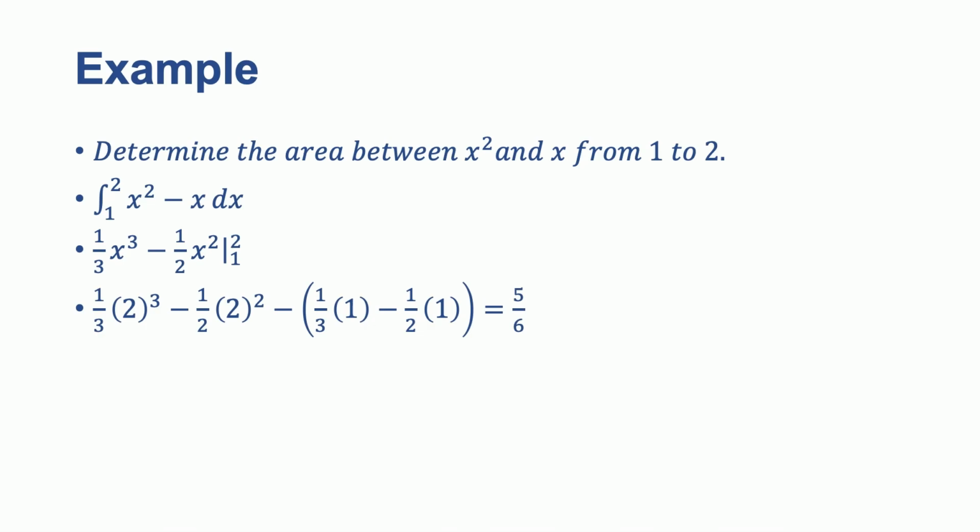That gives us 1/3 times 2 cubed minus 1/2 times 2 squared, and then minus 1/3 times 1 minus 1/2 times 1. We don't even need to put the cubes and squares there because we know where one goes when it's cubed and squared. And that becomes 5/6 once you do the math out. So that is how we find areas between curves in a basic way.